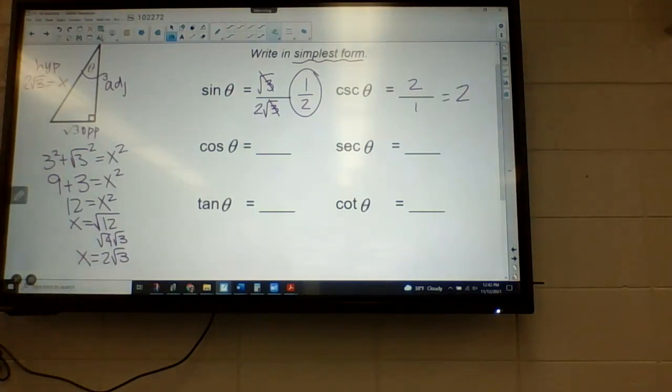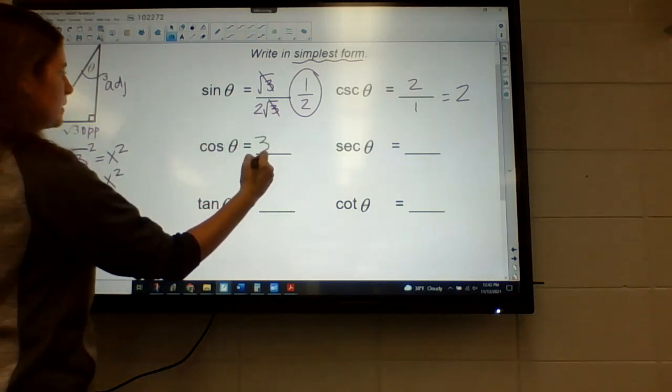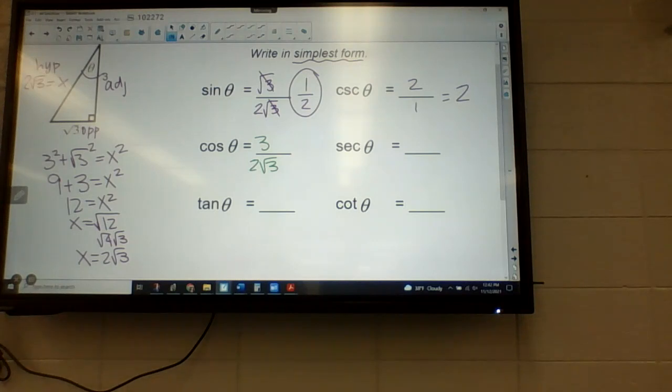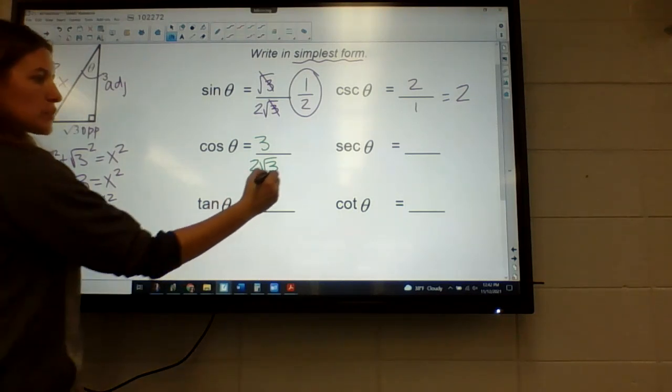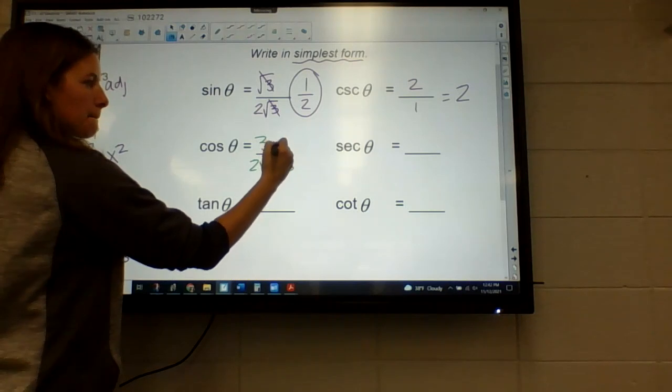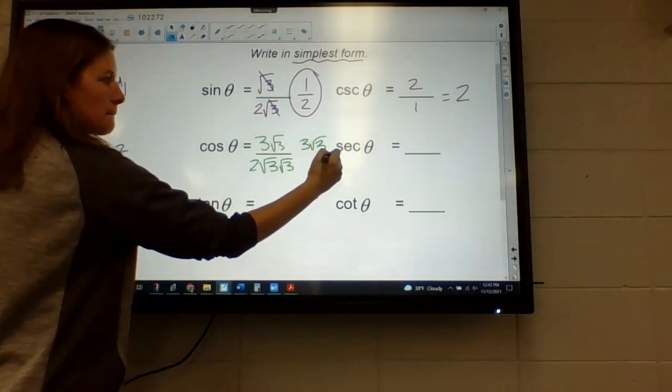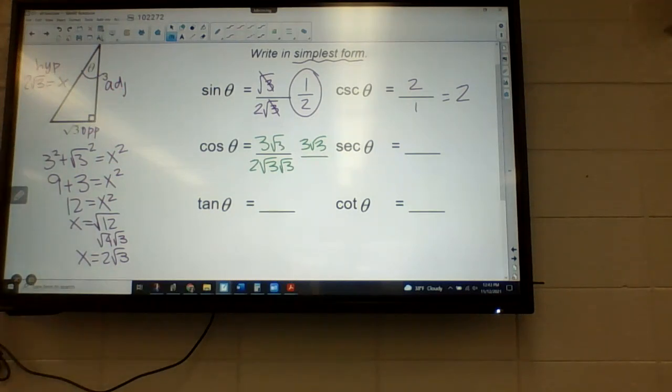For cosine, we're doing adjacent over hypotenuse. However, we can't leave it this way. So again, going back to our warm-up, what do we need to do with that? Multiply by the square root of 3. Over 6, 2 times 3, which is 6.